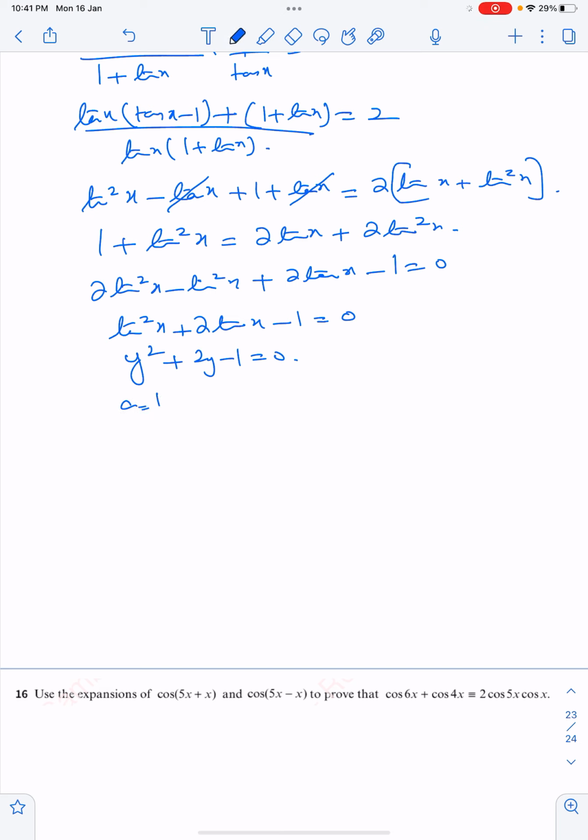If I take a as 1, b as 2 and c as negative 1 and apply the quadratic formula, the answers are y equals negative 1 plus root 2, and negative 1 minus root 2.